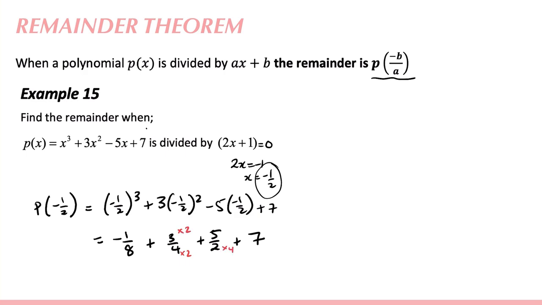So I'm just going to multiply everything through by whatever I need to make it on a denominator of 8. So we'll end up with negative 1/8 plus 6 on 8 plus 20 on 8 plus 56 on 8. And then when you add that all up, you should get 81 on 8. So obviously that is not a remainder of 0, which means x equals negative 1/2 is not a solution.